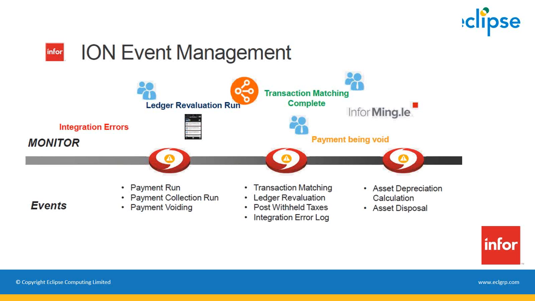So, as an example, somebody's done a payment run in Sun. Somebody else, maybe within the procurement team or the account management team, needs to be notified that certain suppliers have now been paid. They don't ever need to have access to SunSystems. As soon as that payment run has been completed, we could trigger an alert or a message that goes out to somebody else in the business to say the payment run has been completed.